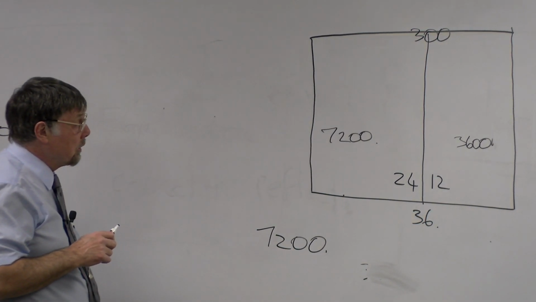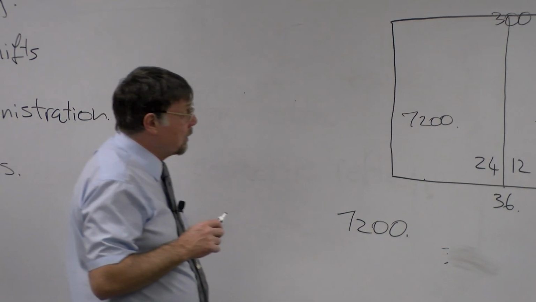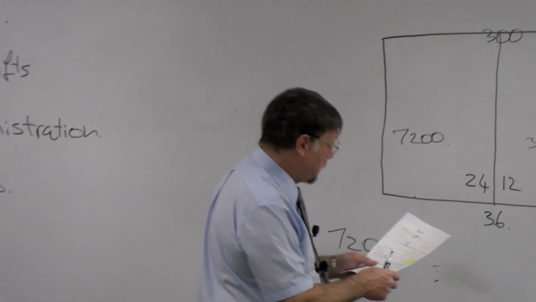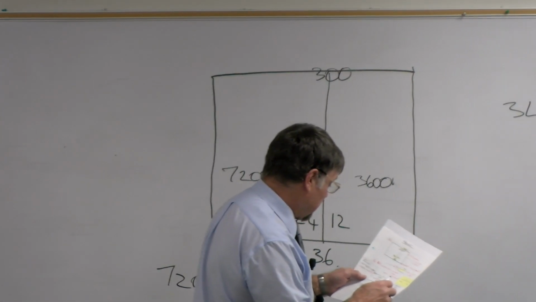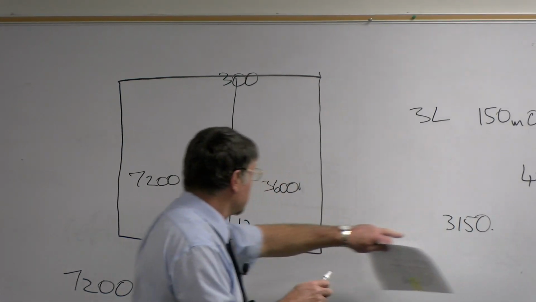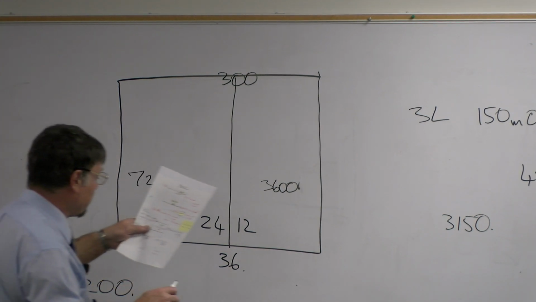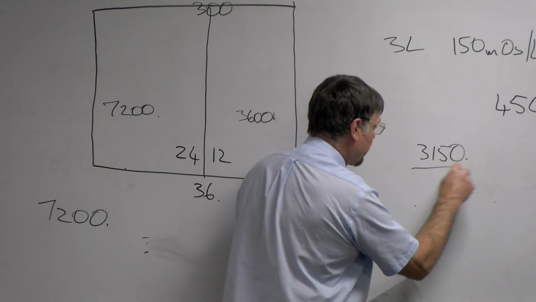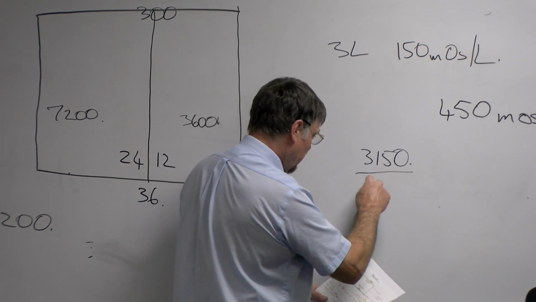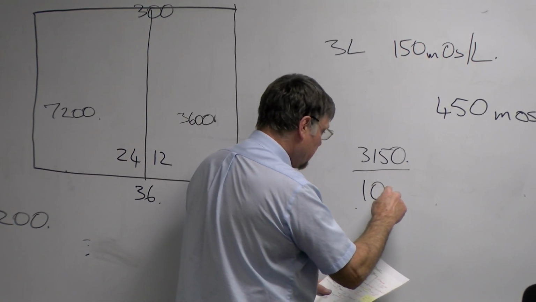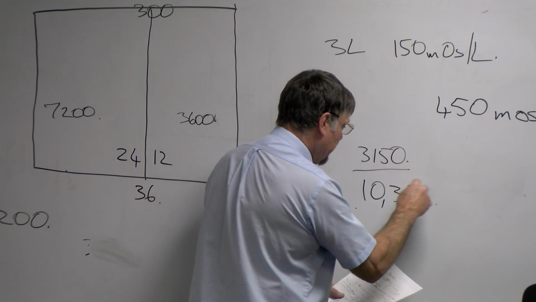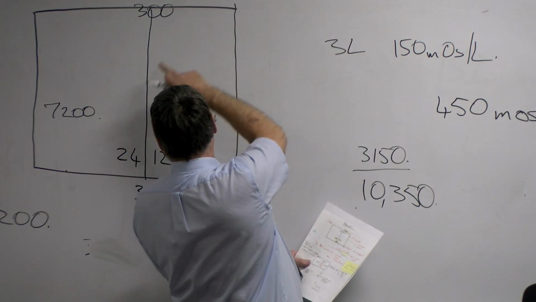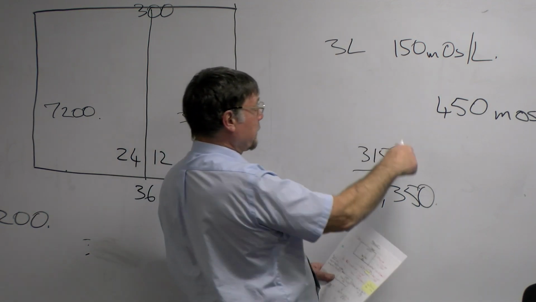And so, quite simply, I'm going to add the totals. This is 3,150 over the total of 10,350 times 36 minus 3 liters.